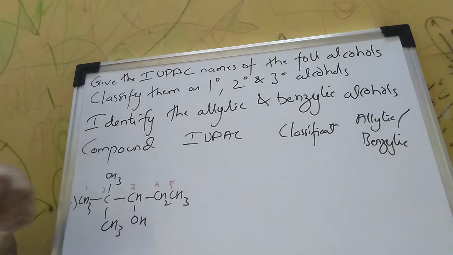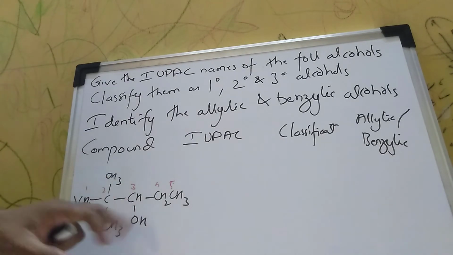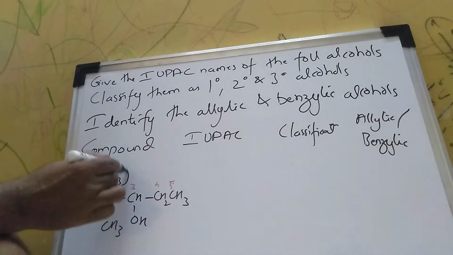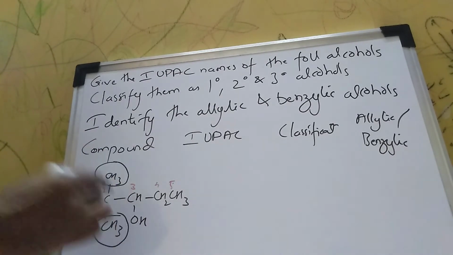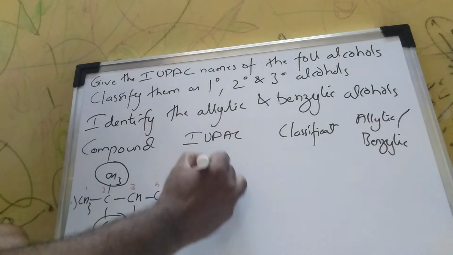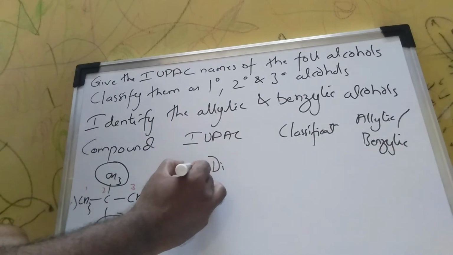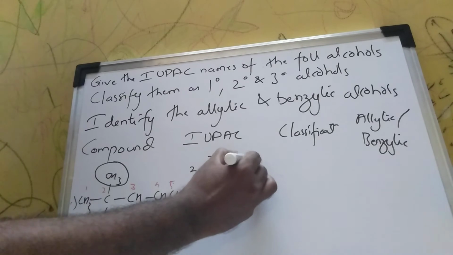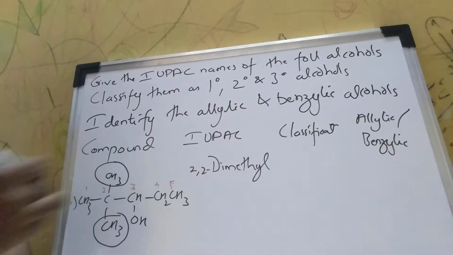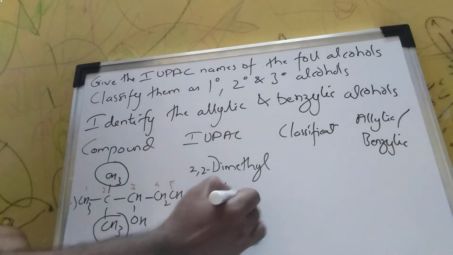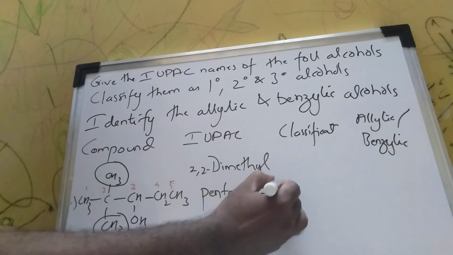OH is attached on the third carbon atom, pentan-3-ol. Now these two are the substituents, methyl, methyl. There are 2 substituents, di, attached on the same carbon atom, 2,2-dimethyl. Parent, pentan-3-ol.